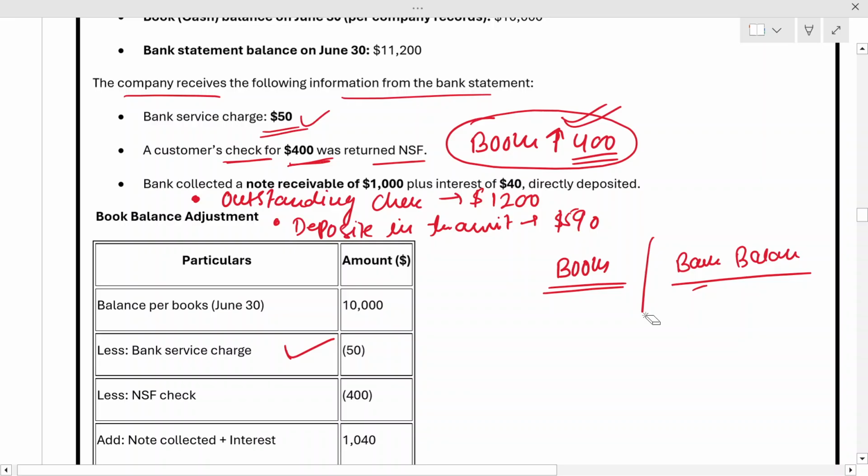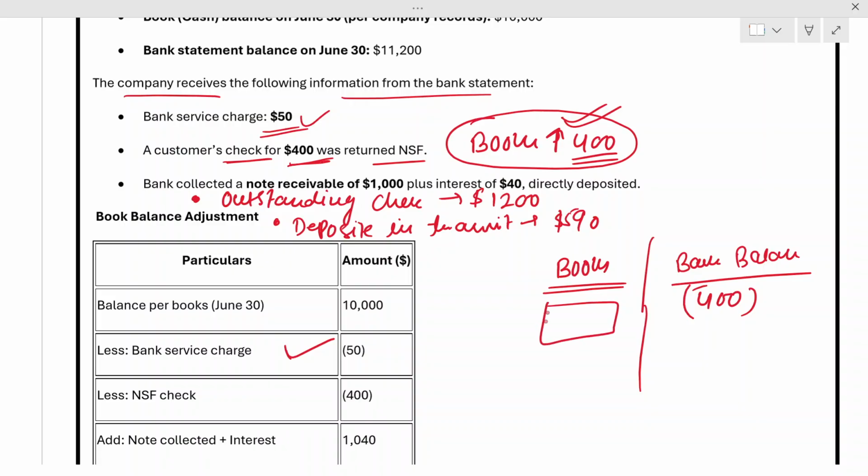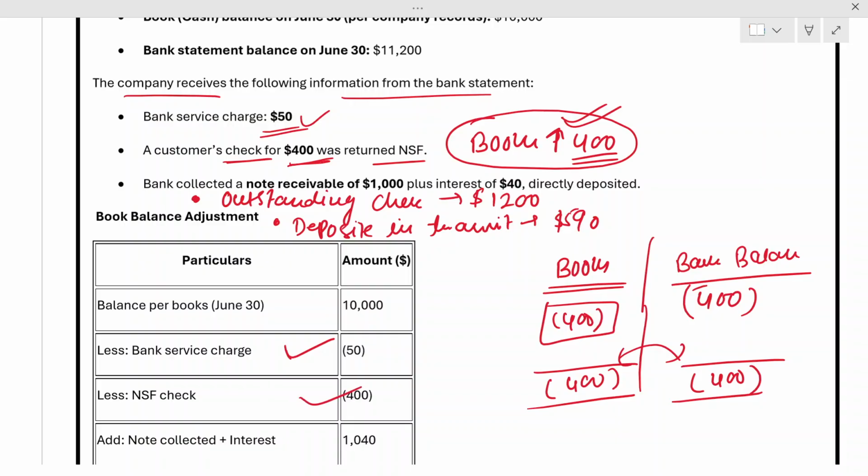You will simply say this has got dishonored, so this has reduced your bank balance, because the bank initially deposited this into your account, and now they will be reducing it. So again, to match both of them, we will be reducing this 400 from here, so this will become negative 400 and this will become negative 400 here, and both will match. So we have reduced it.